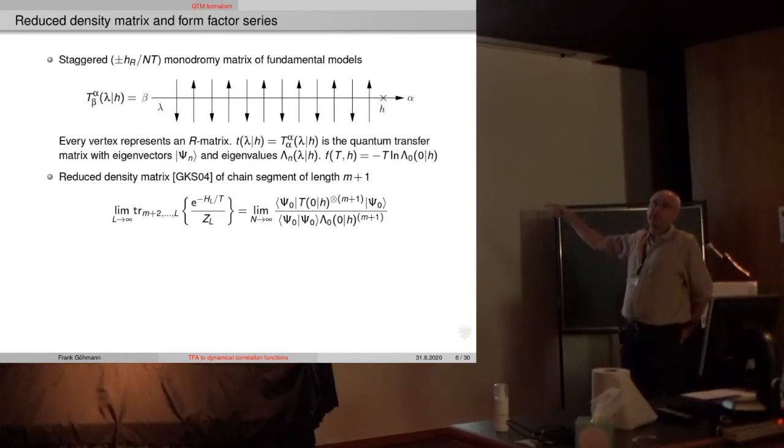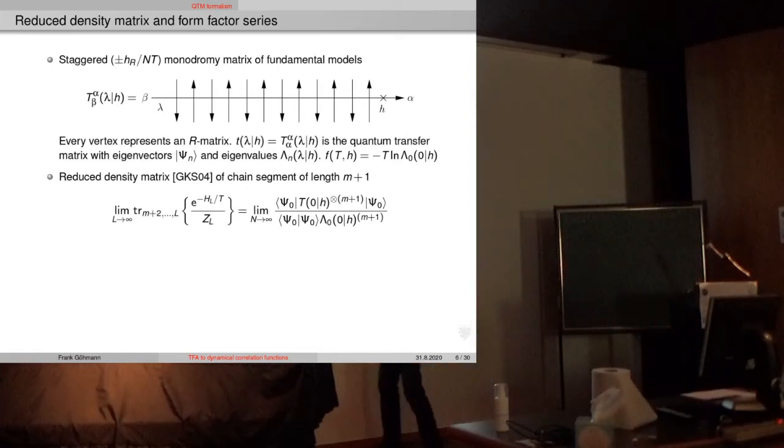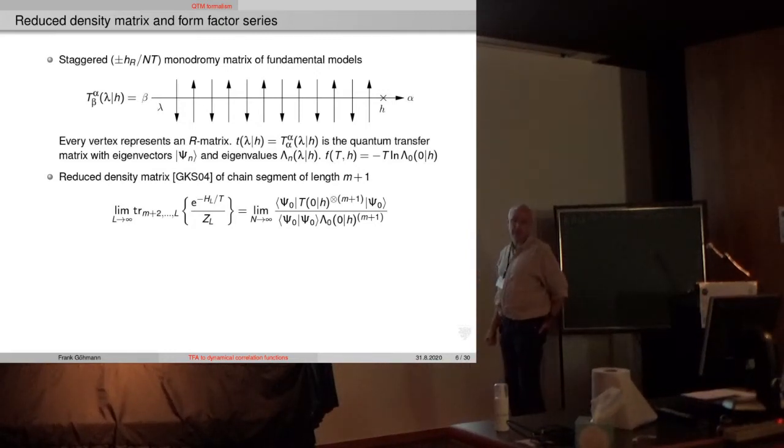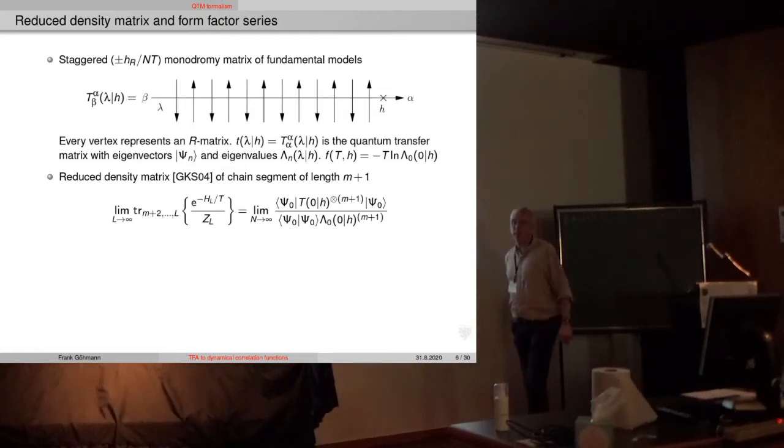And my observation was that the corresponding eigenvector, the dominant eigenvector, determines all static correlation functions, namely, it determines the reduced density matrix. The density matrix of the finite system is e to the minus H over T, normalized. But this doesn't have a limit when n goes to infinity. It's mathematically not a good object. But if you trace out everything but a finite piece, then you get the limit, and it always exists.